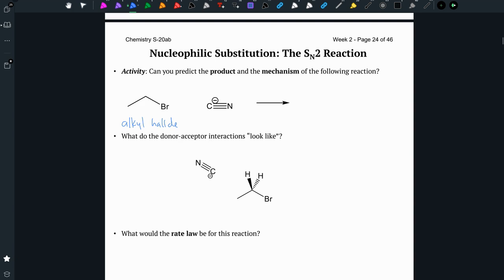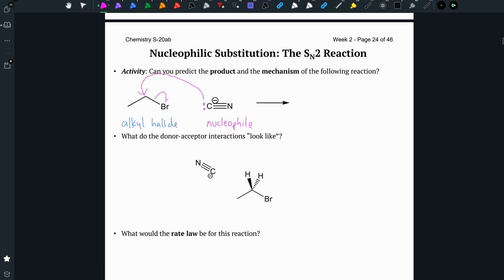And then you add something that's going to act as a nucleophile. We'll talk about what nucleophiles we can use. Turns out cyanide, CN-, is a really good one. It's got a high energy lone pair because it's on carbon. And so what it's going to do is donate that lone pair into sigma star C-Br.